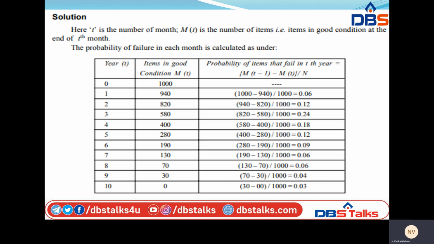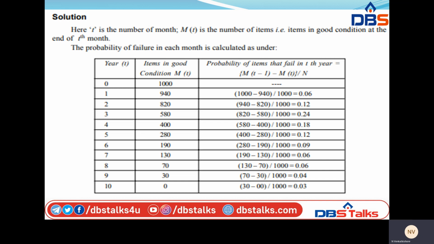It is purely a mathematical relation, so we do not need these types of formulas. We can directly say how many items will fail in the ith year. The formula is m of t minus 1 minus m of t by N. So for the 0th year, no item failed.